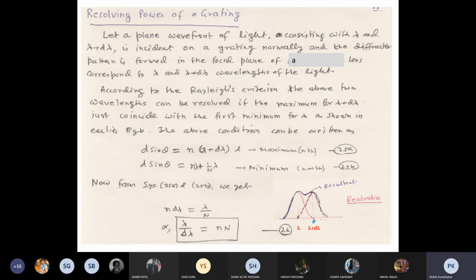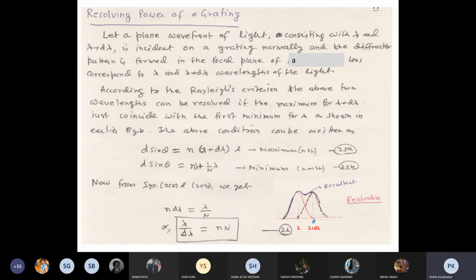So the resolving power of a grating. Now let a plane wavefront of light consisting of wavelengths lambda and lambda plus d lambda be incident on a grating normally. So there are two closely spaced wavelengths present incident on the grating at normal incidence, and the diffraction pattern is formed in the focal plane of a lens corresponding to lambda and lambda plus d lambda.